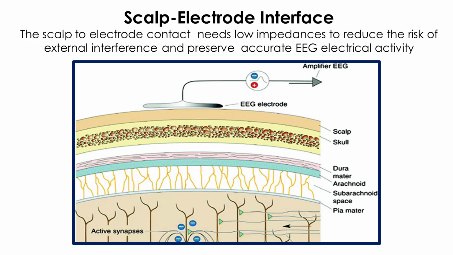The conductive paste that we use, such as Ten20 paste, helps us attach that electrode so it's secure, but also facilitates a direct conductive environment for the brain's electrical current to go through the scalp to the electrode with minimal interference.